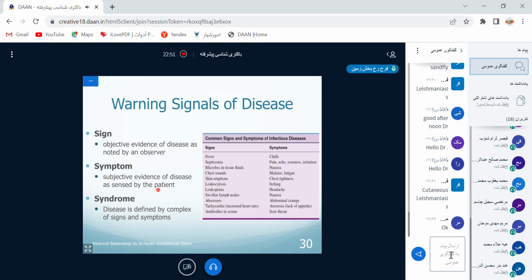For example, you tell him or her, I have headache, I have vomiting, I have sore throat, I have abdominal pain, I have heart attack. So you have something to say. The patient can understand some symptoms.